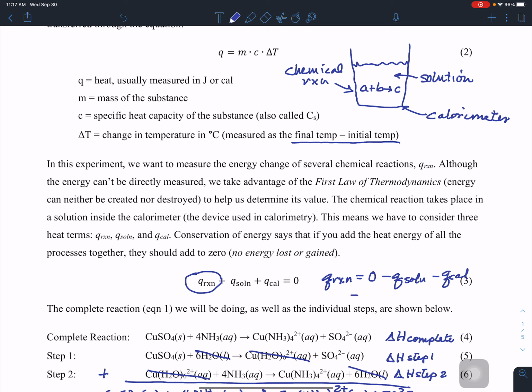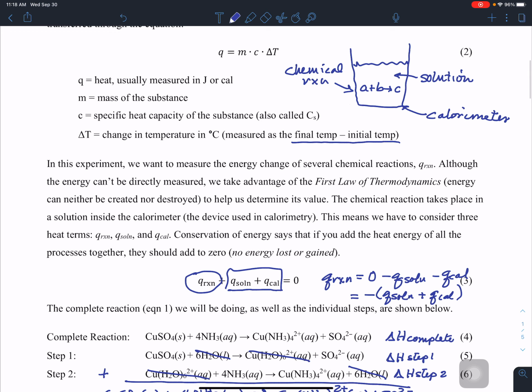Or we could express that a different way and say it's negative Q solution plus Q cal. There's different ways of thinking about it, all comes out to be the same. The energy gained by the solution and the calorimeter is equal to the energy given off by the reaction, but it's opposite in sign.